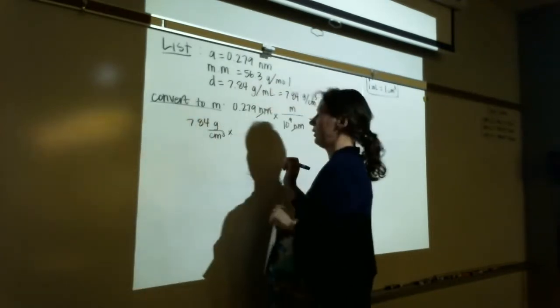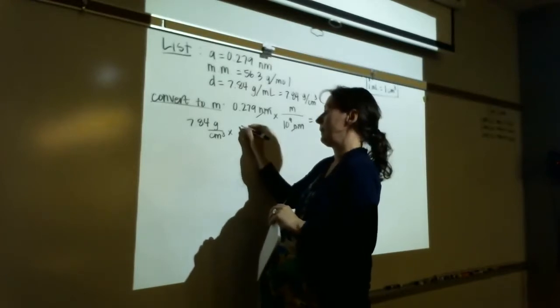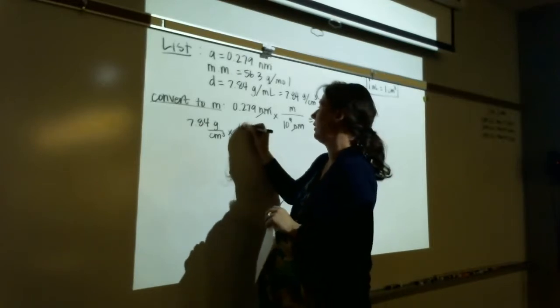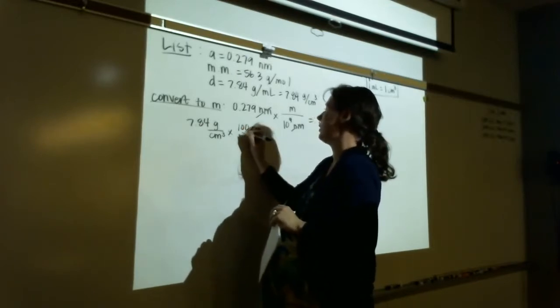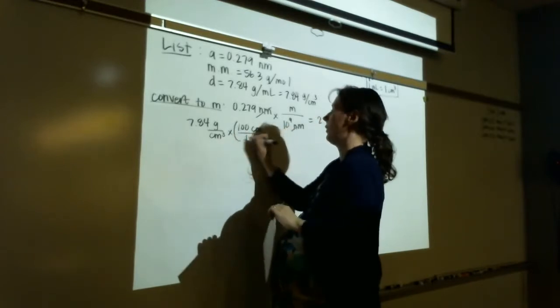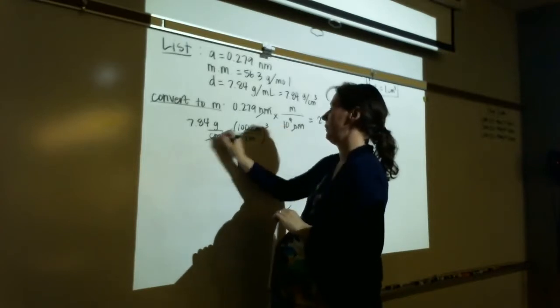How many centimeters are in a meter? Centi means 100. So there are 100 centimeters in 1 meter, but this is centimeters cubed, so what do I have to do? I have to cube it, right?